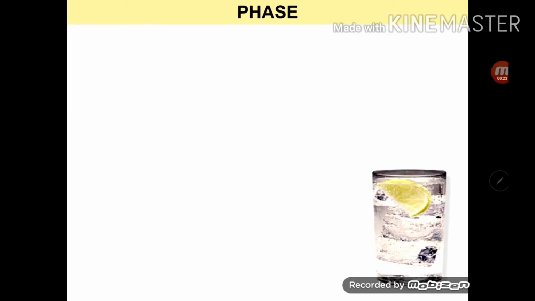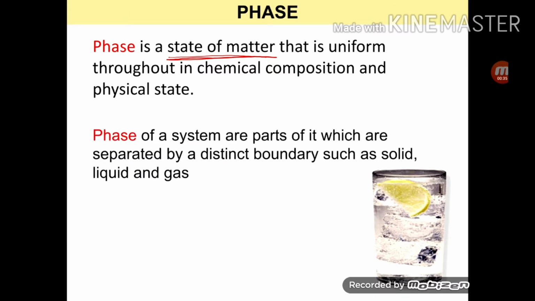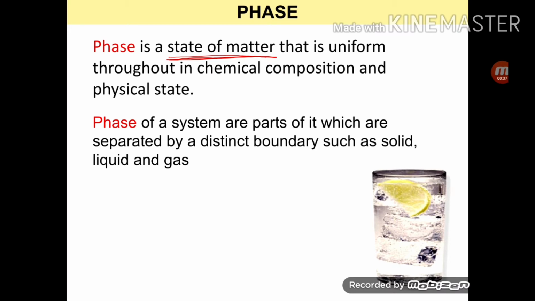Phase. What is meant by phase? Phase is a state of matter that is uniform throughout in chemical composition and physical state. Phases of a system are parts of it which are separated by a distinct boundary, such as solid, liquid, and gas.